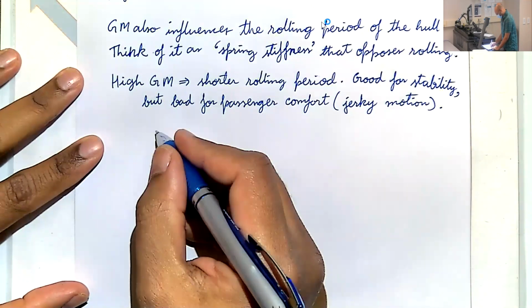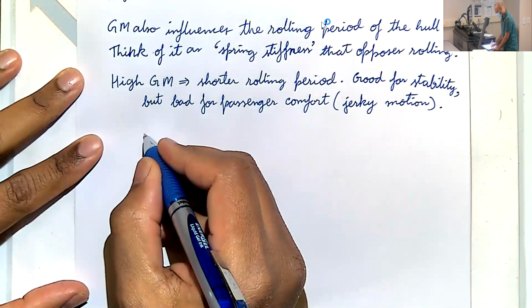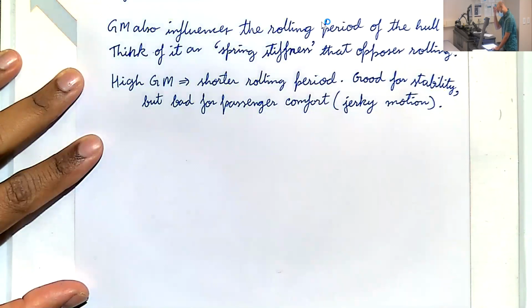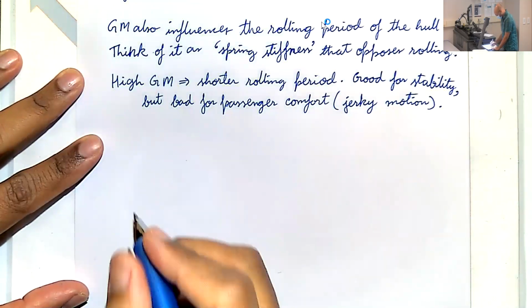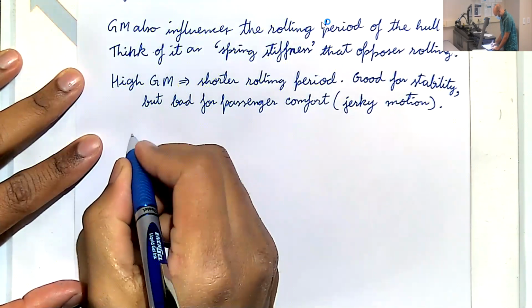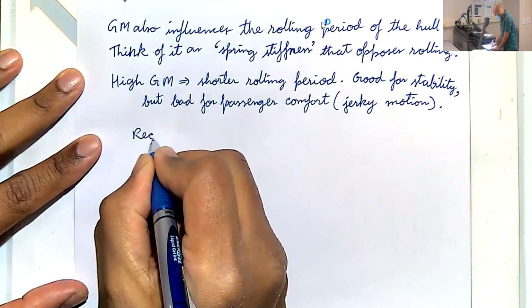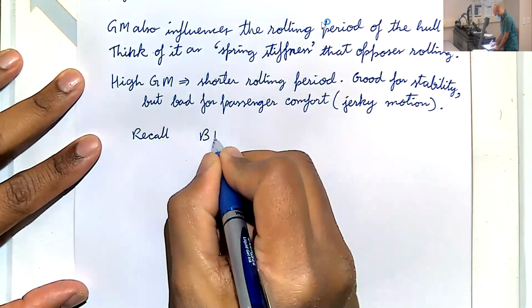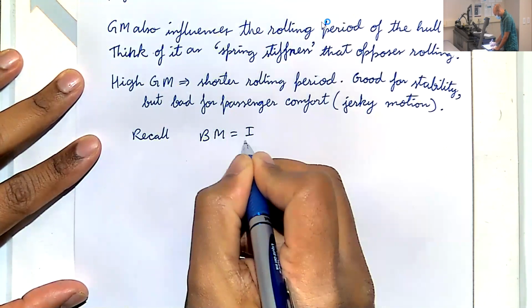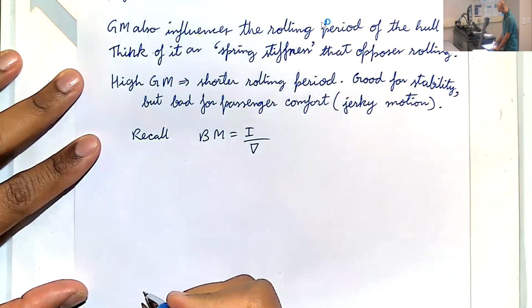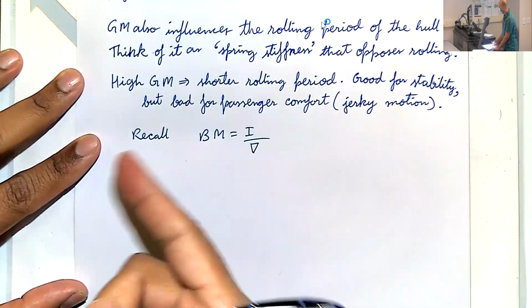Now, okay, let's look at the formula a bit more closely. So recall that BM is equal to I over nabla. That's what we wrote on the previous page.